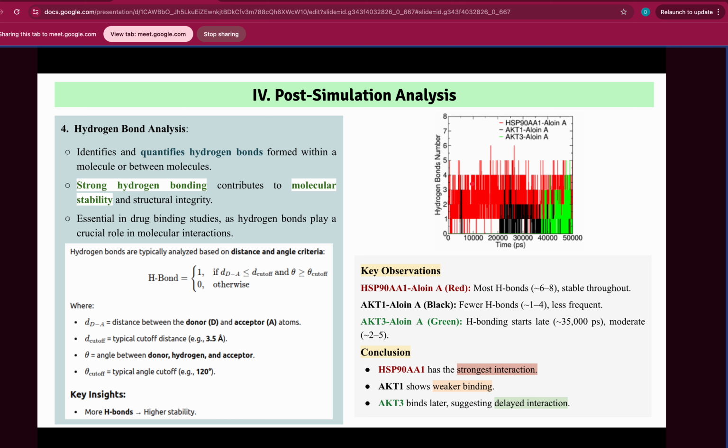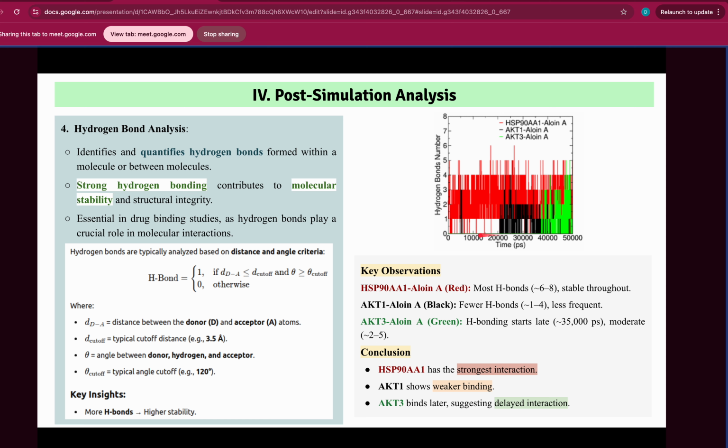This shows the number of hydrogen bonds on the y-axis and the x-axis is the time, in picoseconds. Among all these three, the red one has the most hydrogen bonds, about 6 to 8, which means it is stable throughout. The number of hydrogen bonds is maintained constantly throughout time.